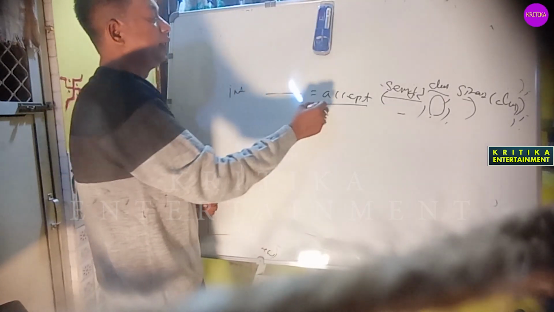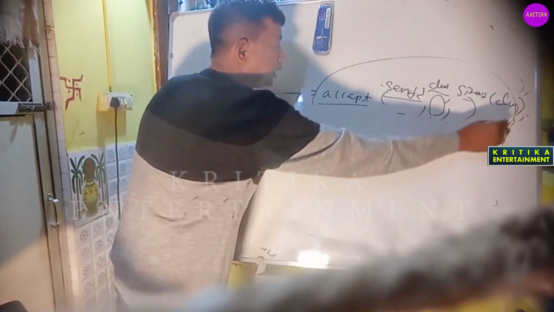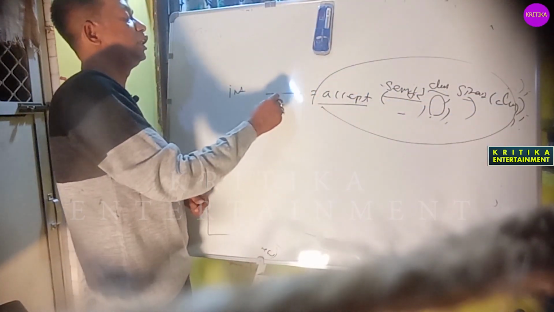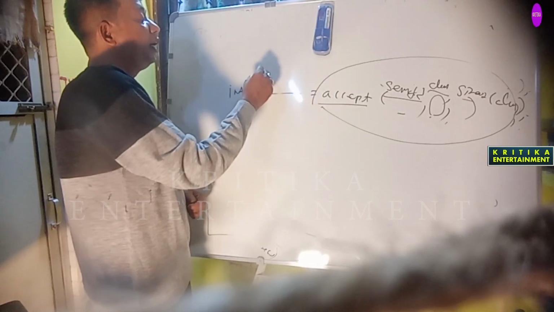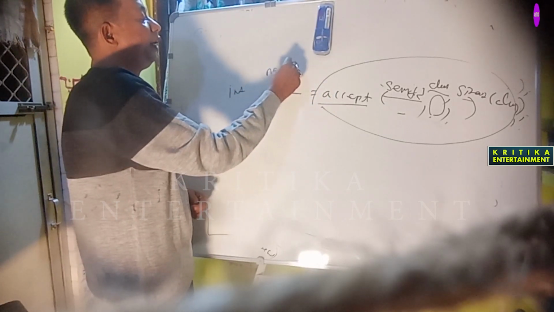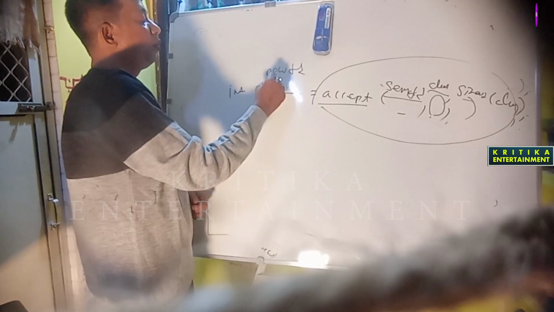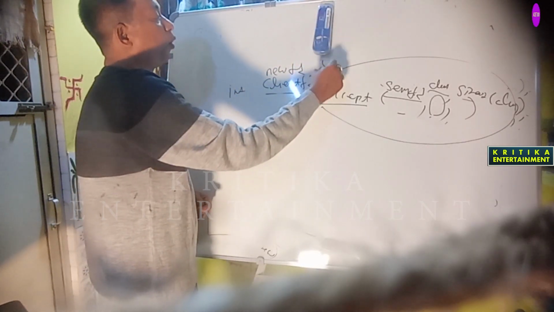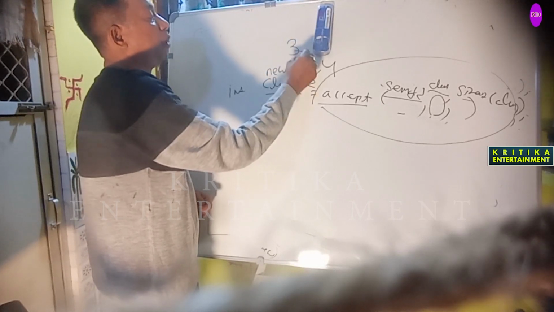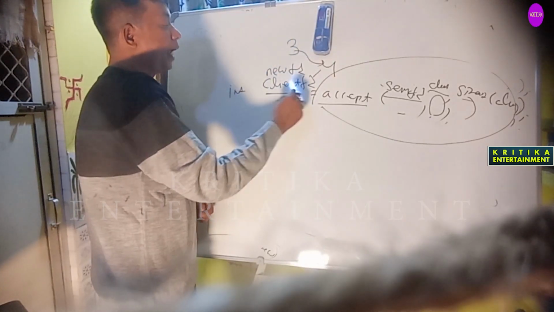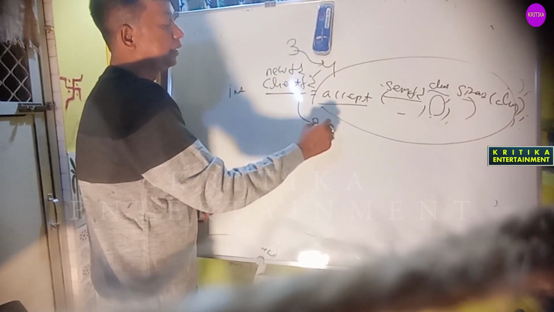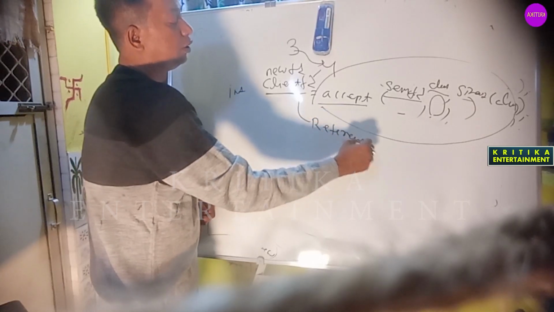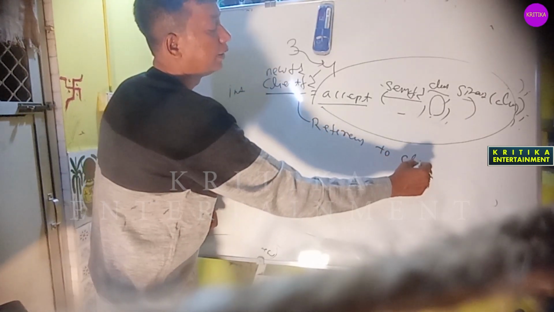Then how to write this? What is the return of the accept function? It returns one new FD. That is called what? Now client FD, and that value is 4, because the socket is 3 and this value is 4. Then this client FD is the reference to the client.